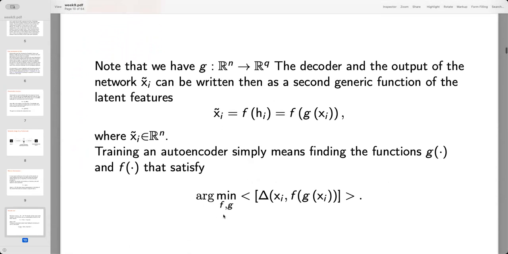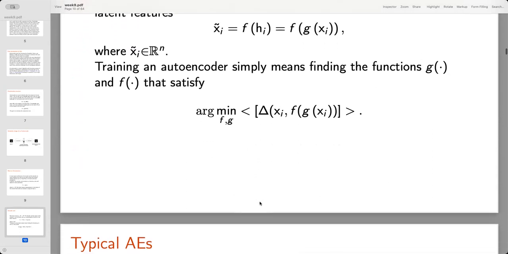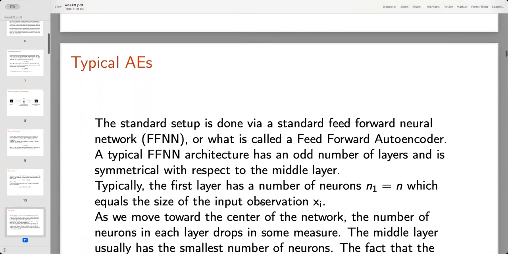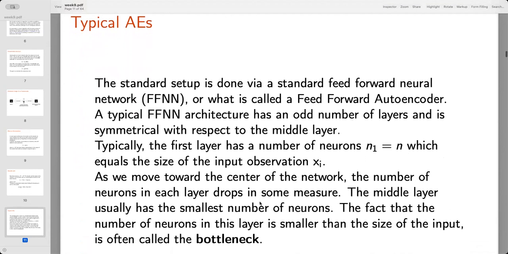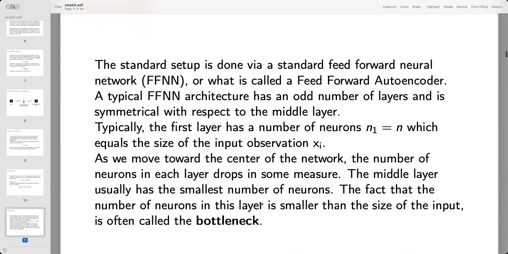And then at the end, we try to optimize with respect to the parameters which enter these functions F and G, and we have some function which we want to minimize. The typical function is a typical mean squared error. It could be a cross entropy and other types of functions.